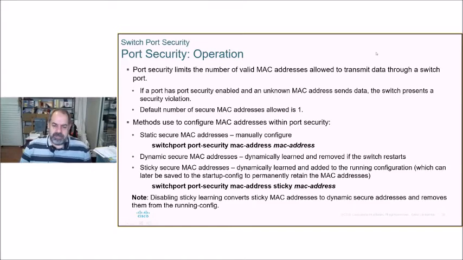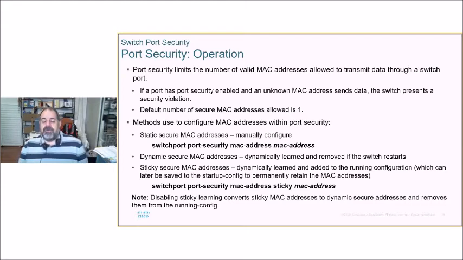The static one will be stuck in your configuration if you save it, and it will be permanent. This one will not. Then there's this one called sticky, and so you can do switchport port-security mac-address sticky. Basically the first MAC address that the switch learns will then be put into the configuration, and that will be permanent.